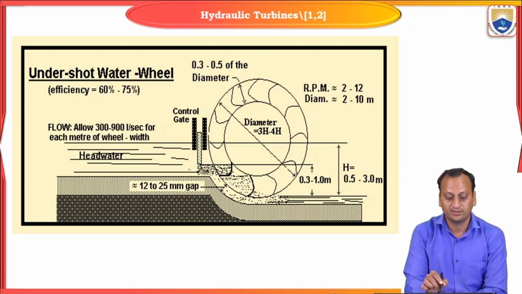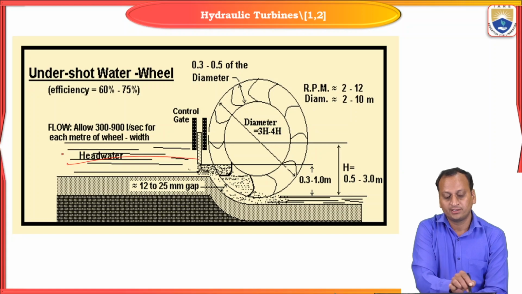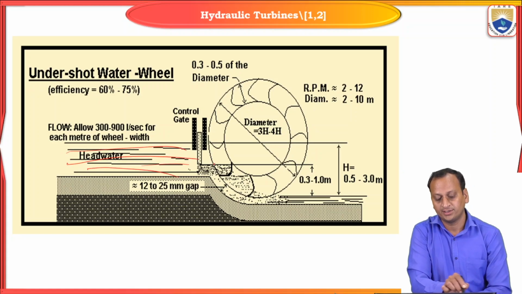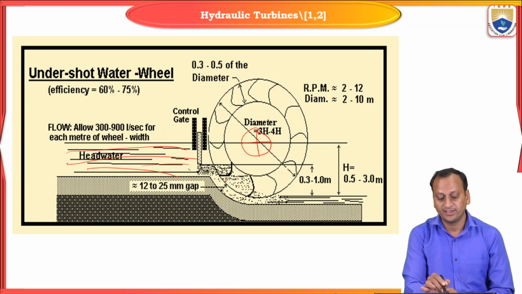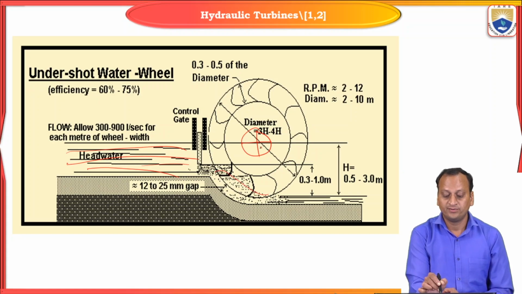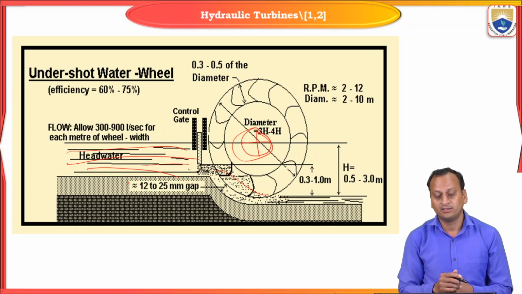Undershot wheel. In the undershot wheel, the water flows forcibly in such a way that it hits the vanes below the wheel.